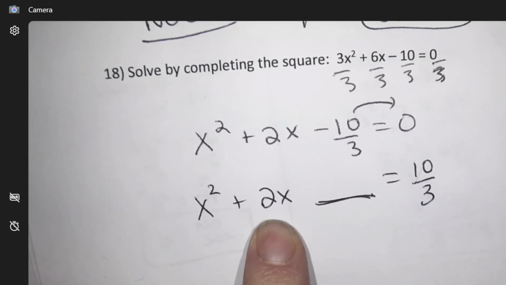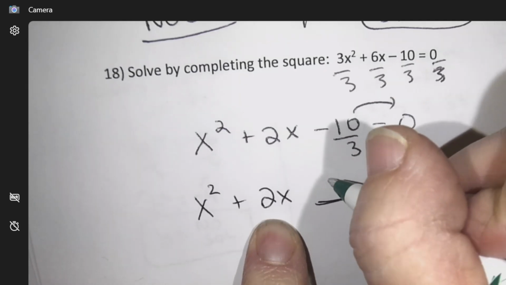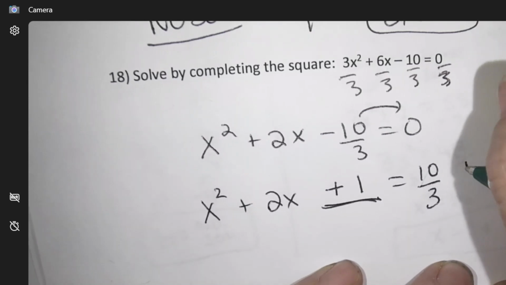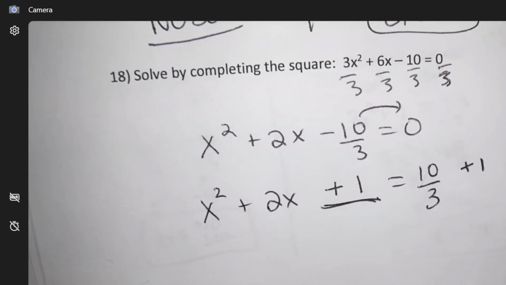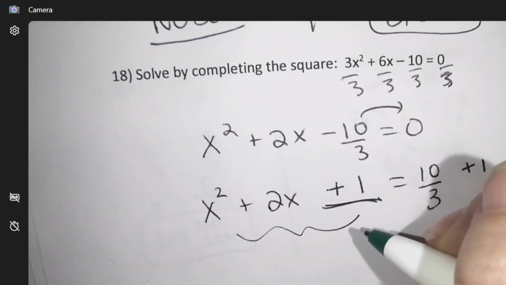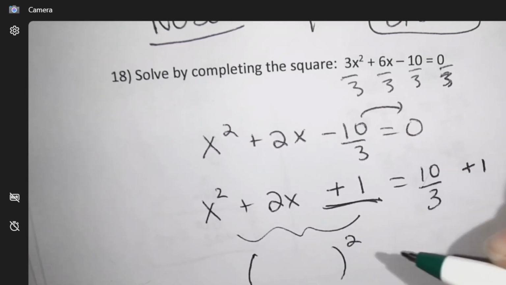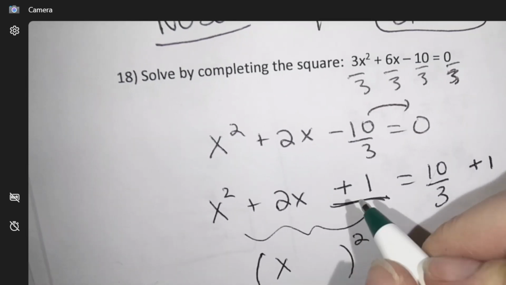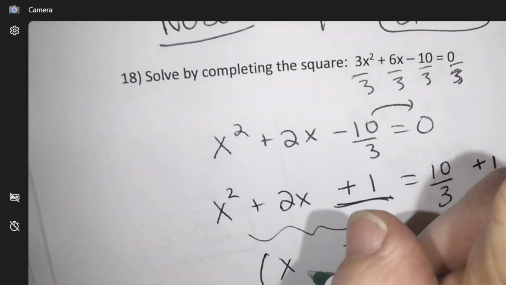So half squared is 1. Balance it out. So I have to add 1. This is now a perfect square. So I have to multiply to 1 and add to 2.